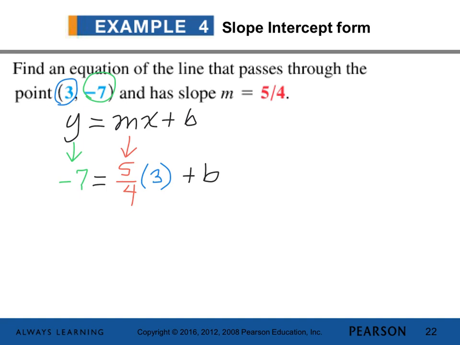And that's a simple matter of some arithmetic and a little bit of algebra. So the first thing I'm going to do is multiply 5/4 times 3. 5 times 3 is 15 over 4 plus b. Y was equal to -7. I need to subtract 15 over 4 from both sides.